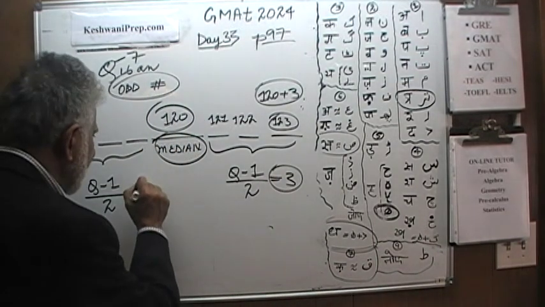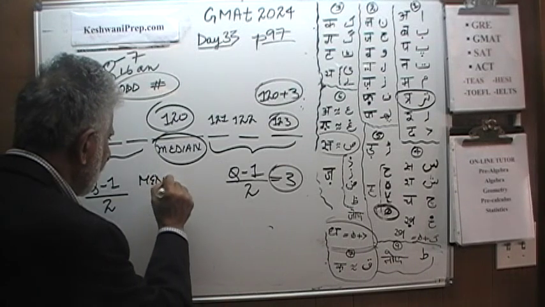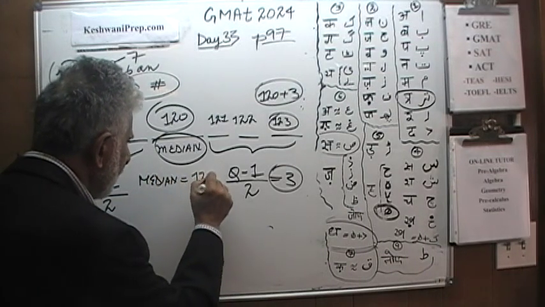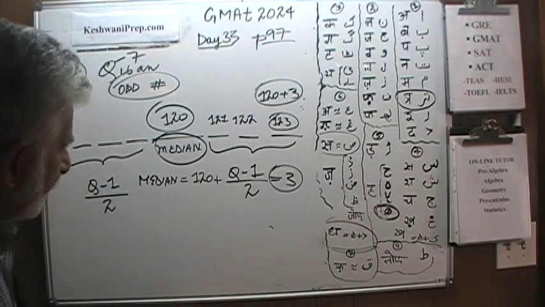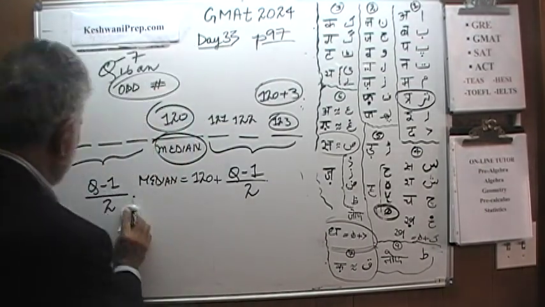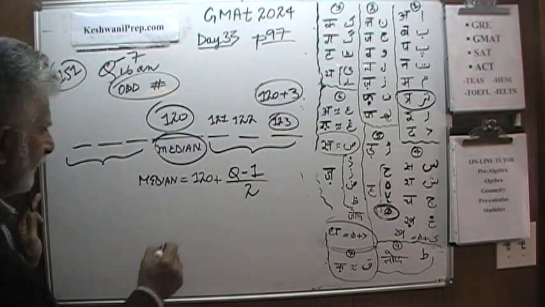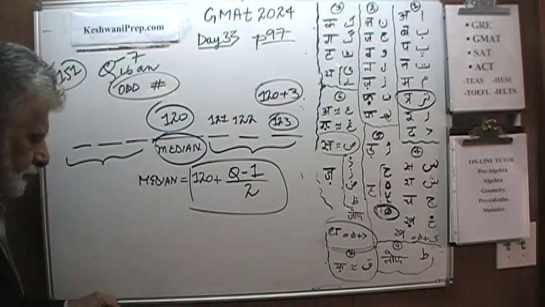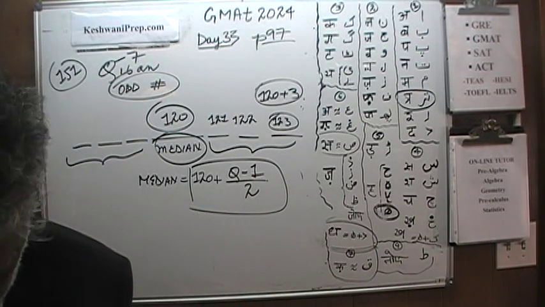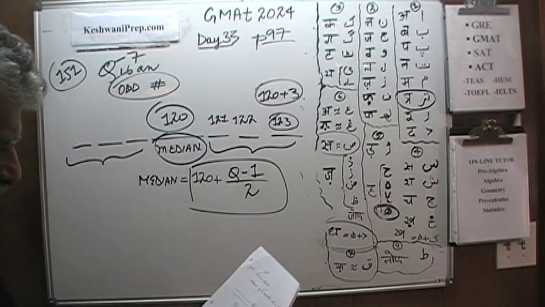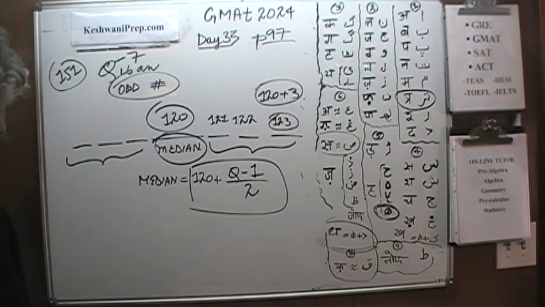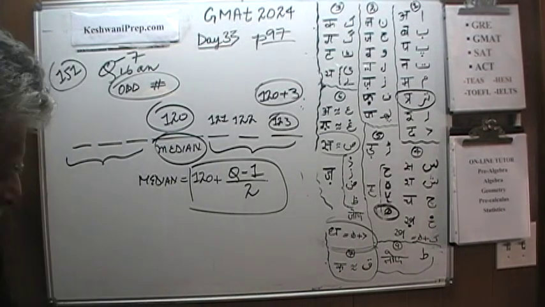Therefore, the largest simply equals 120 plus this quantity. Right there is the answer. Of all the answer choices that you saw on the blackboard, that is the answer. I don't know which answer choice it was. I erased everything, but that's the answer.